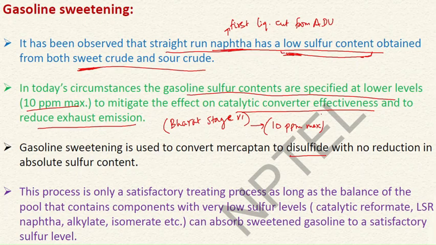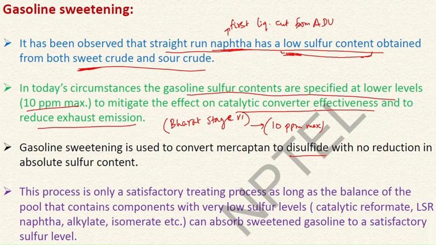But as time is progressing, governments of different nations are becoming very much aware and concerned about pollution and climatic issues. Therefore, this sulfur content has been reduced to 10 ppm at max in Bharat Stage 6 specifications. Why?